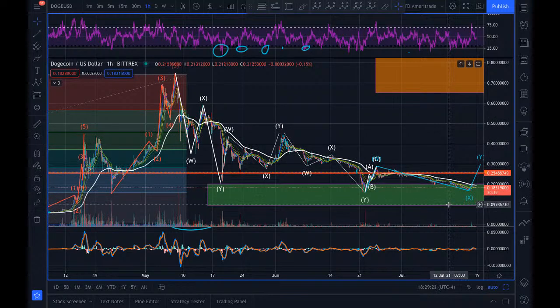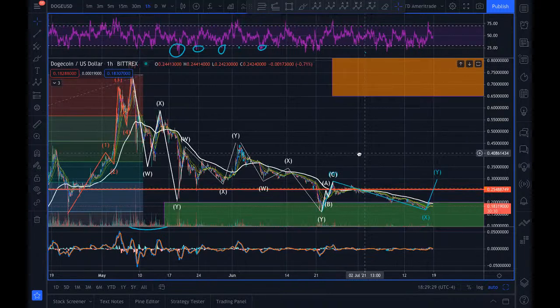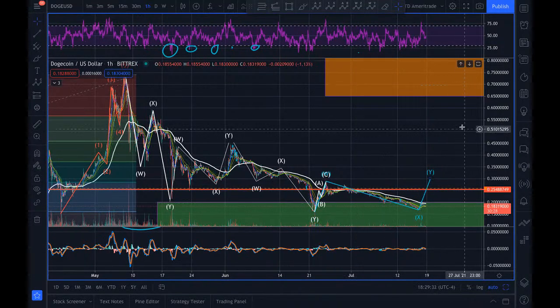I'm not saying that to scare you, but I do think once this correction is done, my previous prediction was that the next wave is going to go up to about $1.50 or $1.40 something. So yeah, this will eventually have another bull market, but you can't speed it up.